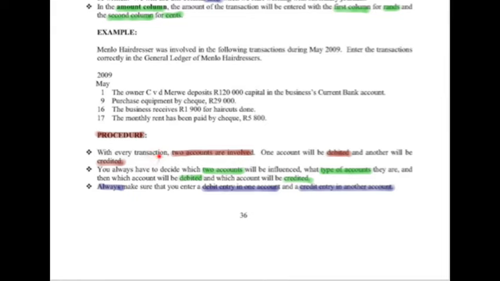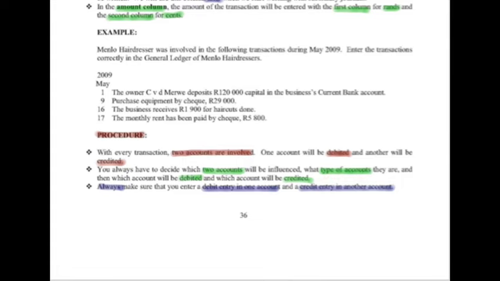With every transaction, we need to know which 2 accounts are involved. One account will be debited, as practiced in the previous video, and another account will be credited. You always have to decide on 4 things. Firstly, which 2 accounts are to be influenced. Secondly, what type of accounts are they?